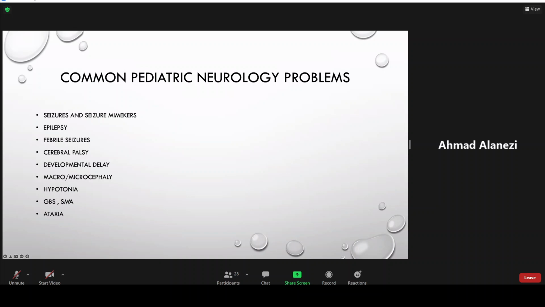SMA refers to spinal muscular atrophy. It's another disease of the anterior horn cell. Patients will have progressive weakness in early infancy.